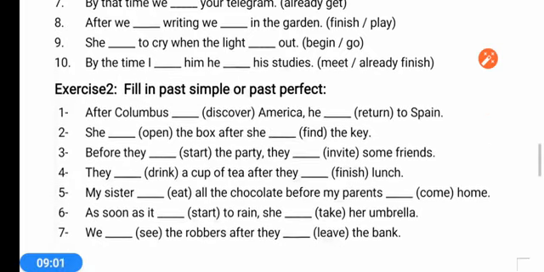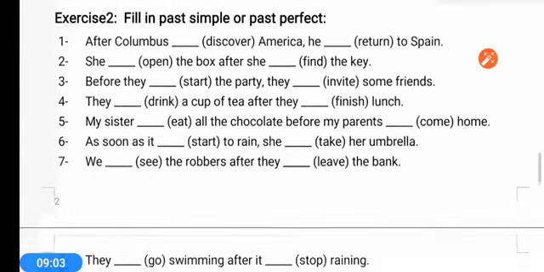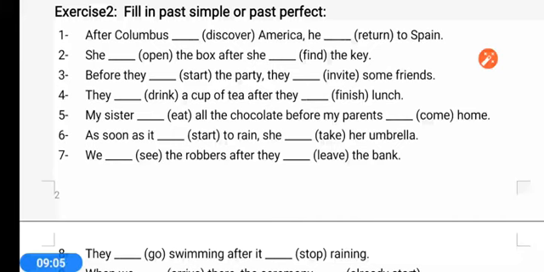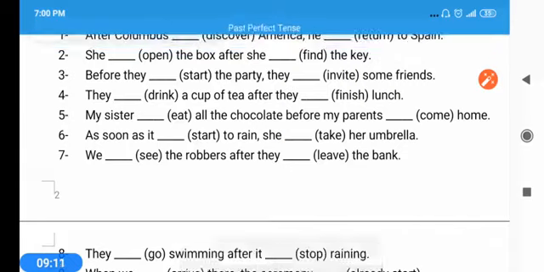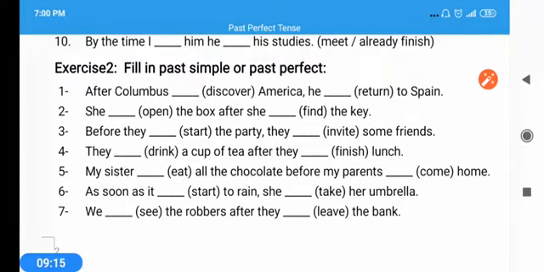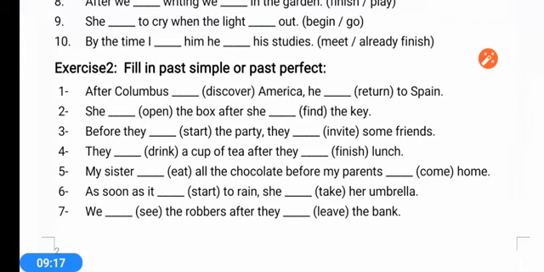The next exercise is also done the same way. Here are also 10 questions. This one, you see, exercise 2. Here, fill in the past or past perfect. You have to choose which one is the correct one. The same as the first one, the options are given at the same place.